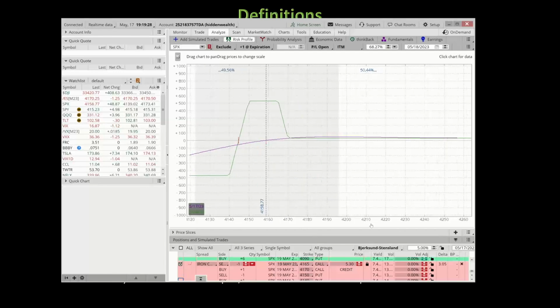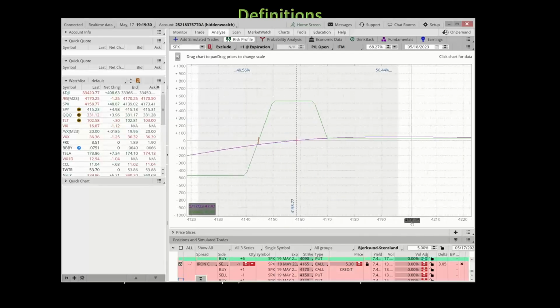Okay, now here's the iron cockroach. It's a very similar graph to if we bought a put, an unbalanced put condor. It is best used when volatility is extremely high, or you think the market is going to just sit.